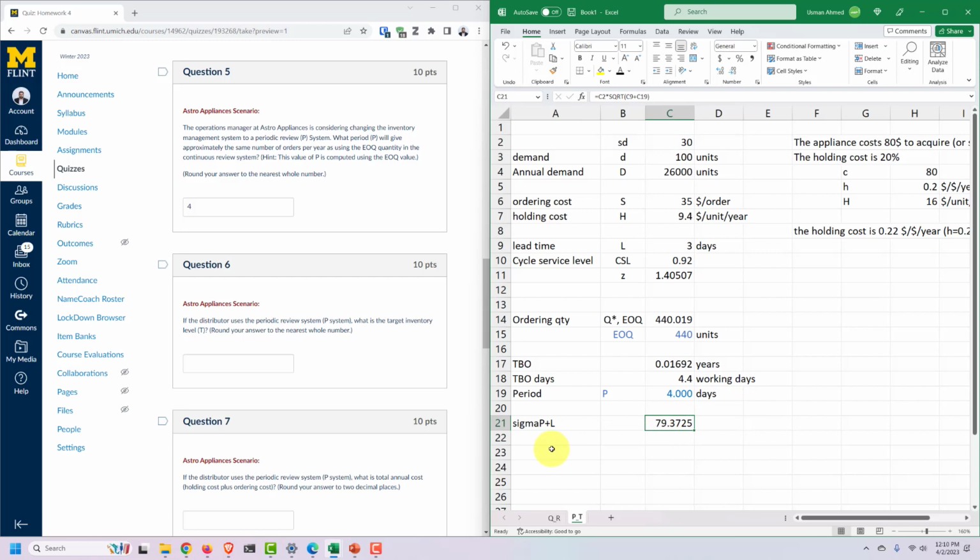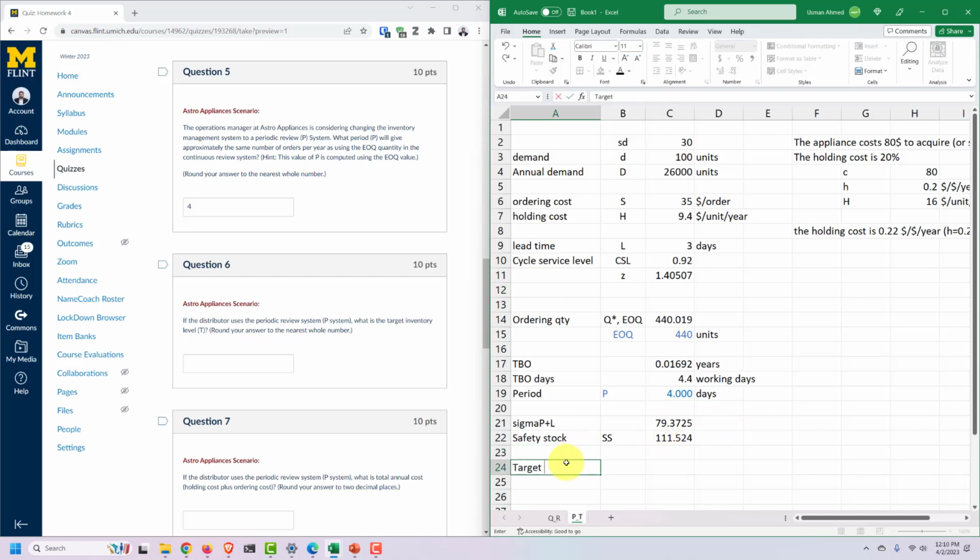I got 79.37. I'm not going to round intermediate calculations, so don't just round it off. Now I'll do safety stock, SS. That's going to be Z times the standard deviation of sigma P plus L, the standard deviation of demand during the protection interval, which is P plus L. Okay, so I get that.